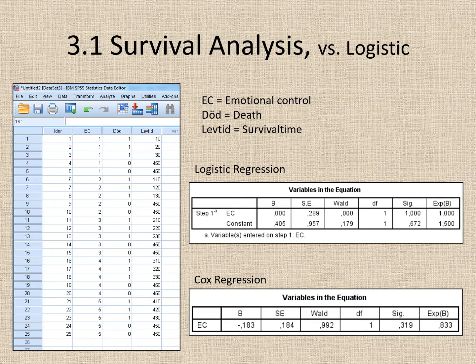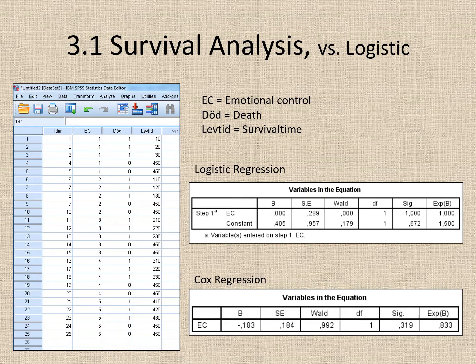Because I made it so that for every level of emotional control, there are 5 individuals, of which 3 die and 2 survive. And it's the same. No effect of emotional control on the odds of dying. With Cox regression, although it's not significant, at least we get some kind of effect here. It's not completely zero, the effect. We have some effect here.